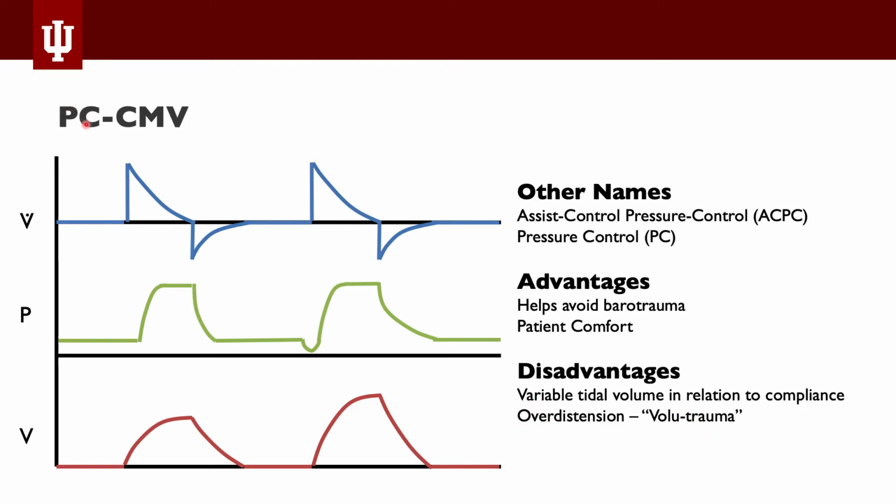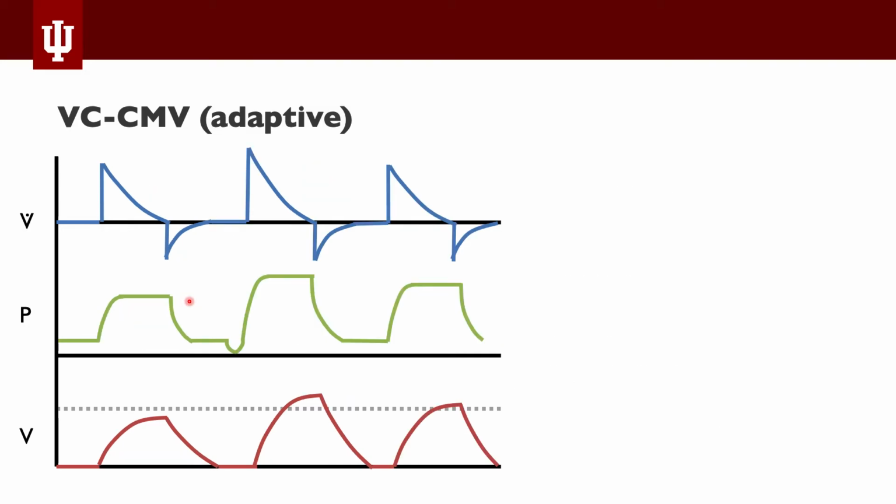So this is pressure control, continuous mandatory ventilation. I want you to notice the waveform of the pressure here because our next mode is going to be this adaptive mode, and it's called volume control, continuous mandatory ventilation. And we're targeting a volume, but notice that the pressure waveforms are plateauing and they look a lot more like pressure control.